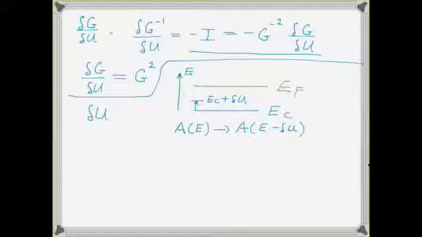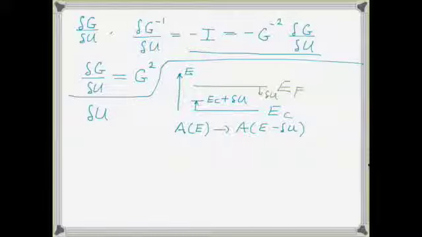But of course I'm going to get the same integral if instead of shifting the conduction band edge, I just lower the Fermi level locally. I get exactly the same thing: I lower my Fermi level locally and don't shift my spectral function.